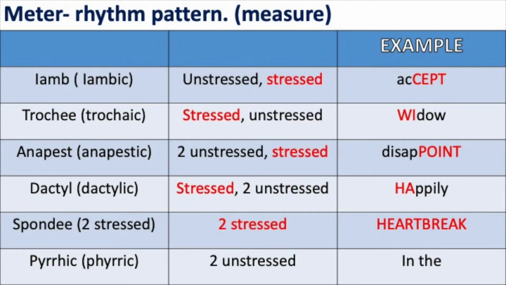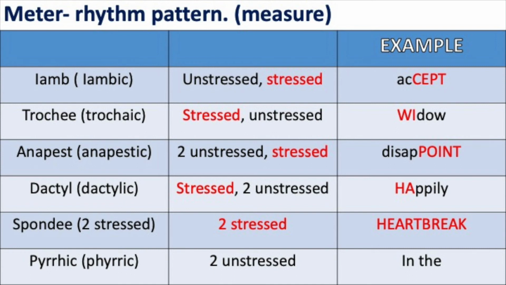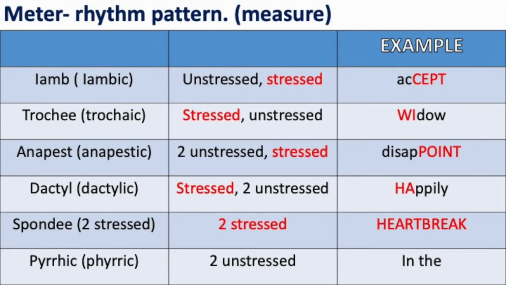Next is dactyl or dactylic. Stressed followed by two unstressed. For example, "happily." Next we have the spondee. We have two stressed here. For example, "heartbreak." Next, we have the pyrrhic. It has two unstressed, for example, "in the."